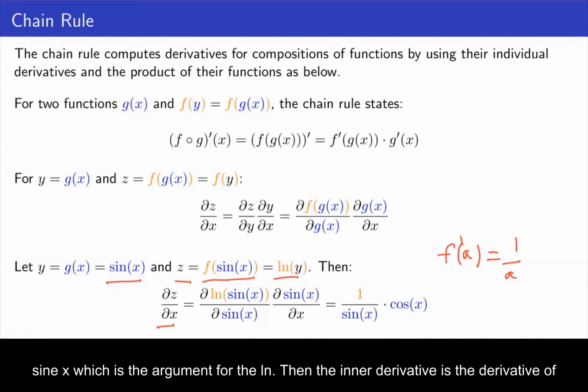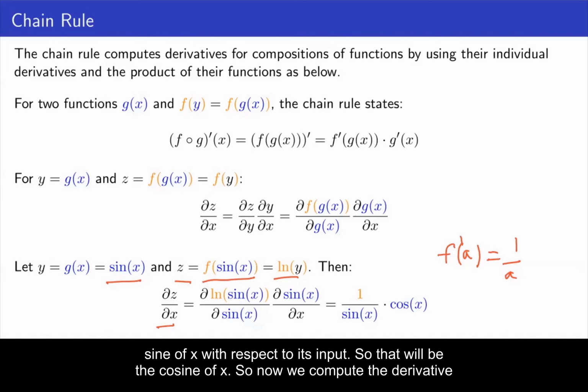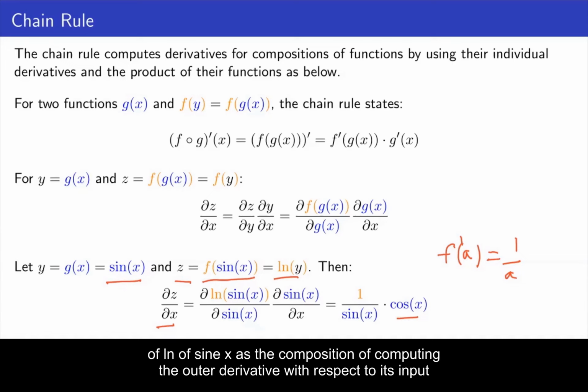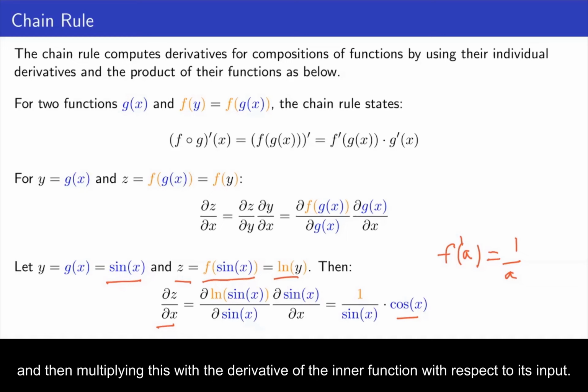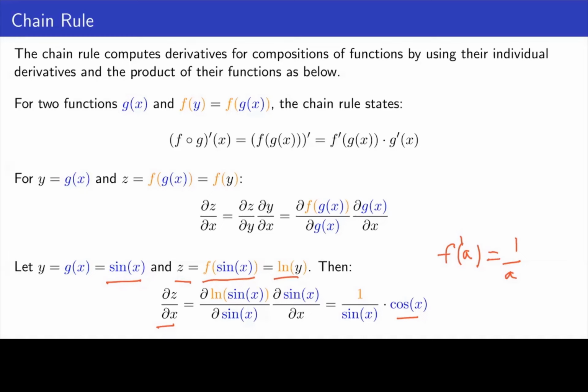Then the inner derivative is the derivative of sine of x with respect to its input, which will be the cosine of x. So now we compute the derivative of ln of sine x as the composition of computing the outer derivative with respect to its input, and then multiplying this with the derivative of the inner function with respect to its input.